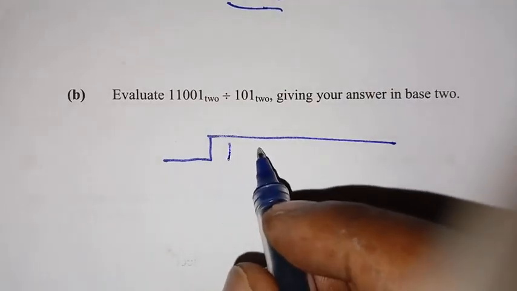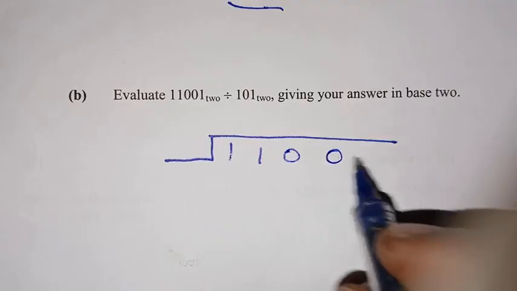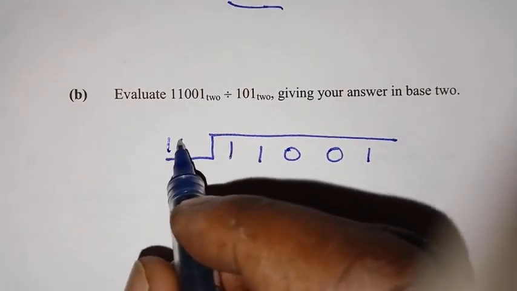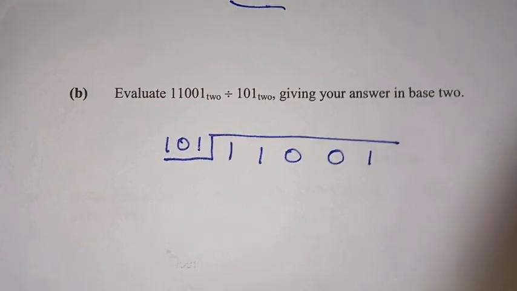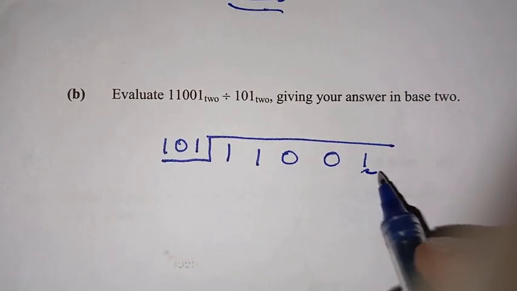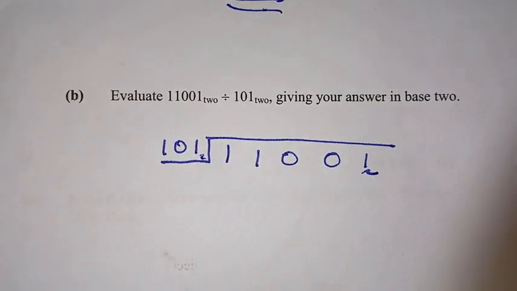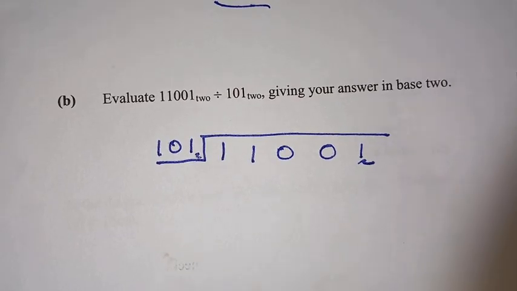We have 1, 1, 0, 0, 1, 1, 0, 1. Take note that they are in base 2, both of them. This is in base 2. This is also in base 2. Okay, so now when we are dealing with a number that is in base 2, ladies and gentlemen, boys and girls, the digits that we are going to be dealing with will always be 0 or 1.